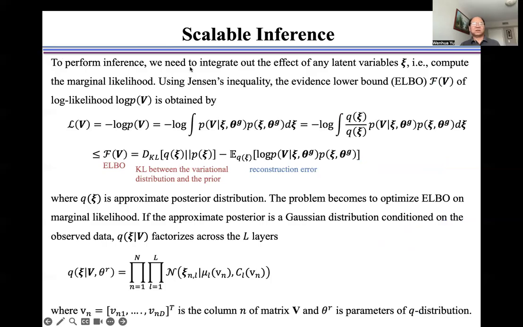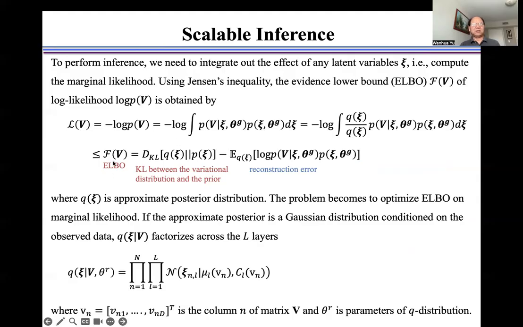To perform inference, we need to integrate out the effect of any latent variables ξ, namely compute the marginal likelihood. Using Jensen's inequality, the evidence lower bound F of the log likelihood is obtained by using this formulation.